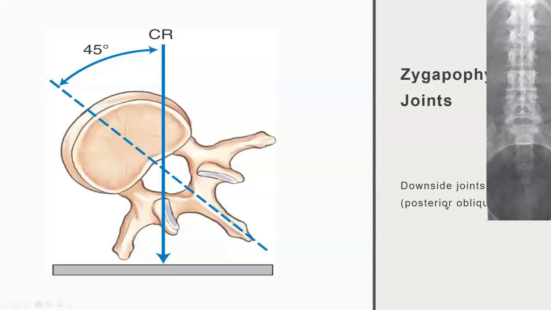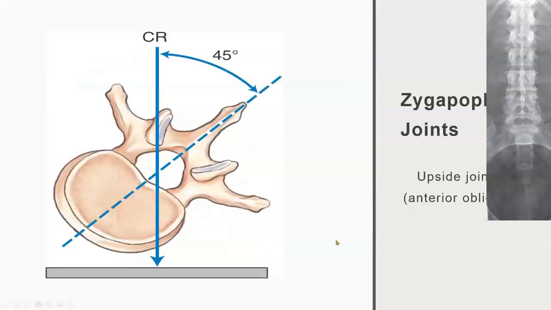Always in an AP. So we're looking at the downside in a posterior oblique. But we can always do it PA. Then we're looking at the upside. And do note that this is off 45 degrees, but note how the facet is. We're not truly getting through it completely. Hence why I said the amount of rotation varies between 30 and 60 degrees.